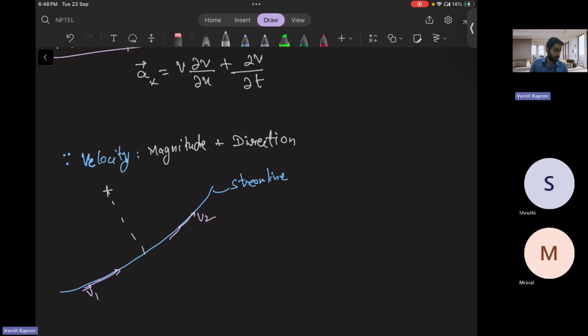So total acceleration will come into play, that is radial and tangential. So I will write a normal radial component, that is AR, that is your centripetal or centrifugal, you can say, A normal, and this is your A tangential.